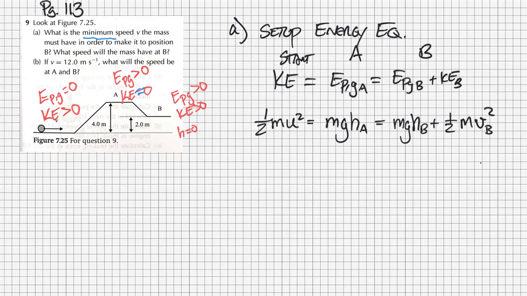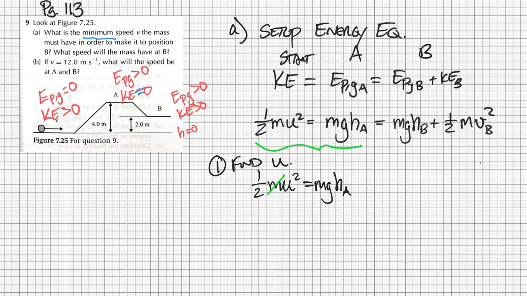And so when I look at it and it says what's the minimum speed in order to make it to position B, I'm just going to focus on this first part because we know G is a constant, we know h, and then m here can cancel out. So if we rewrite this, 1/2 m u squared equals m g h A, and really we're just trying to find u.